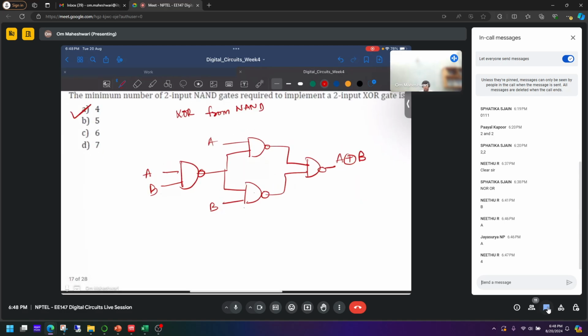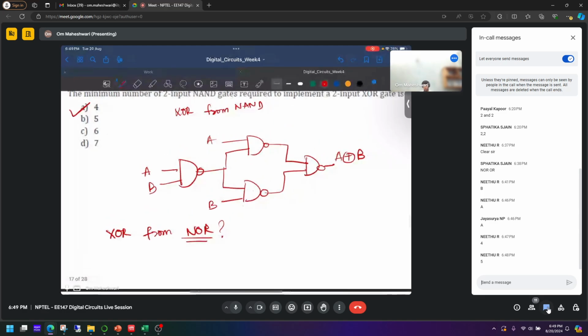And if the question was XOR from NOR, then how many NOR gates would we need? Can anyone answer this? Right, 5. The architecture is exactly the same, just add another NOR gate at the end.